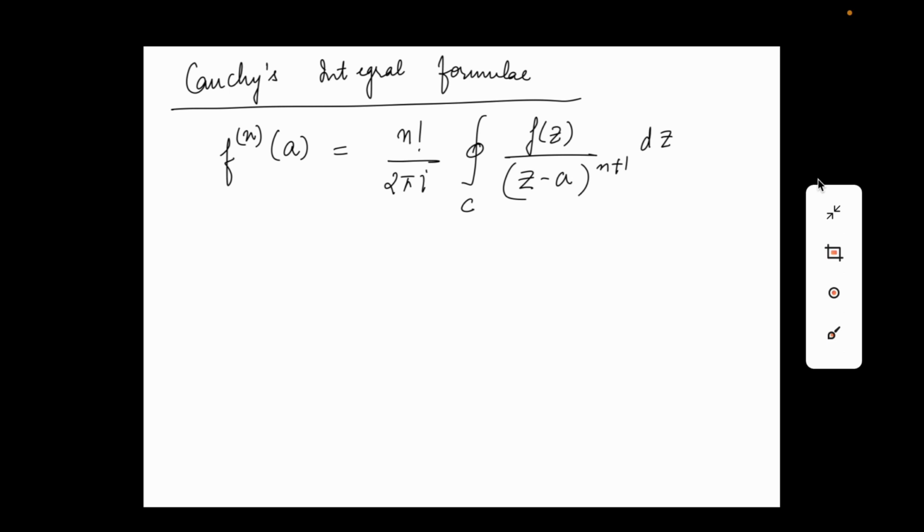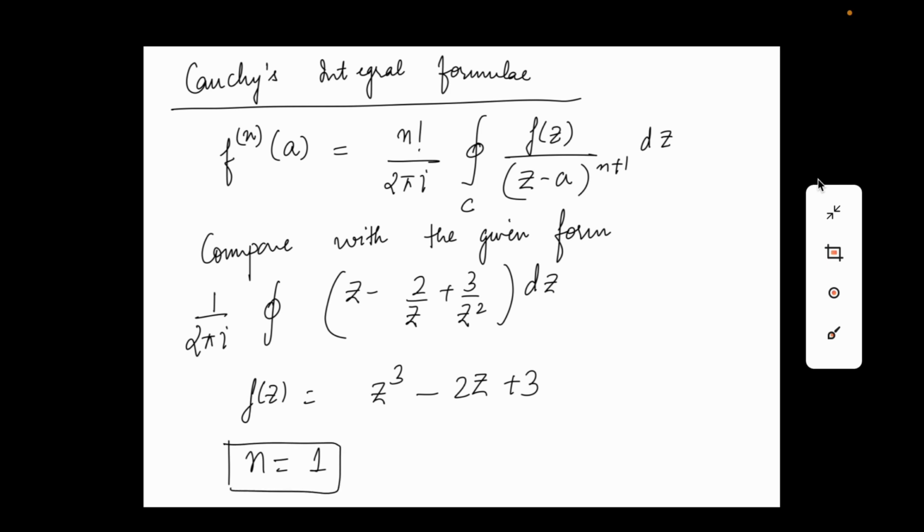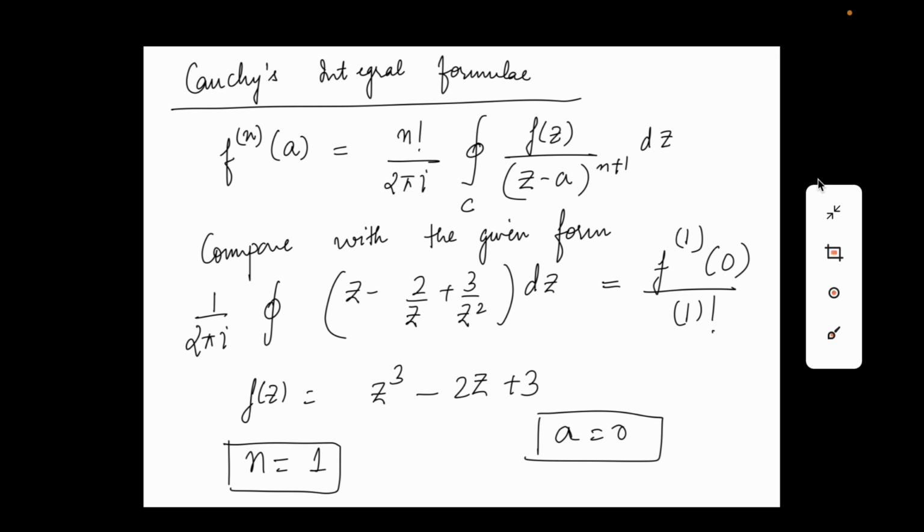So if you compare with the given form, your f of z is nothing but z cube minus 2z plus 3, and your n is 1, and your a is 0. So this is nothing but f'(0) by 1 factorial.